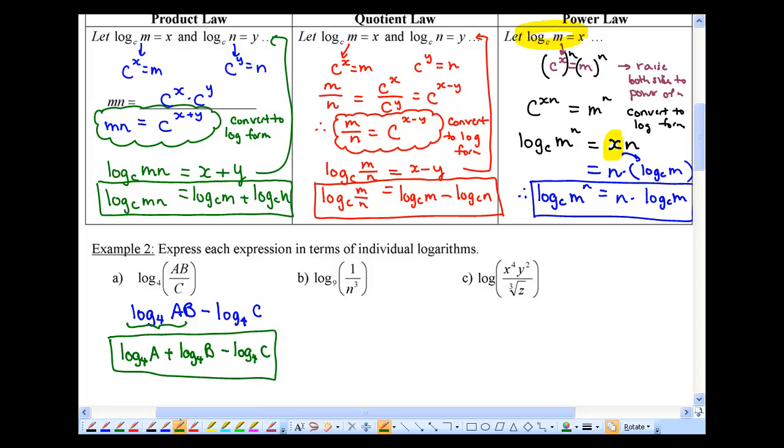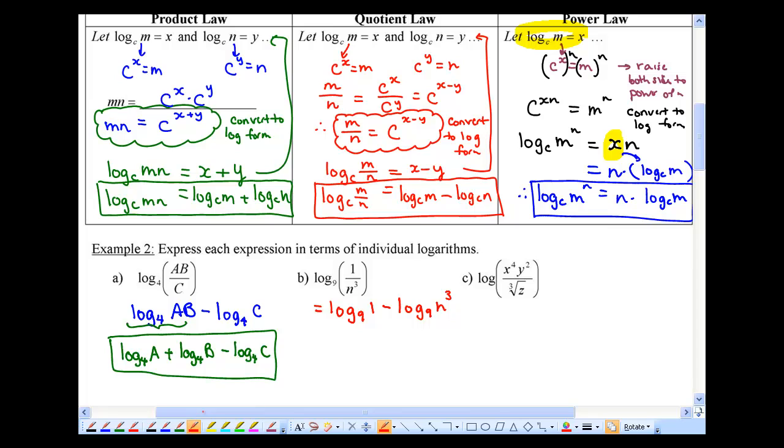Okay? I'm going to ask you to try these on your own. Okay, maybe I'll do part B with you and then let you try C. Okay, so part B, division, right? So okay, log base 9 of 1, take away log base 9 of n cubed. Log base 9 of 1.